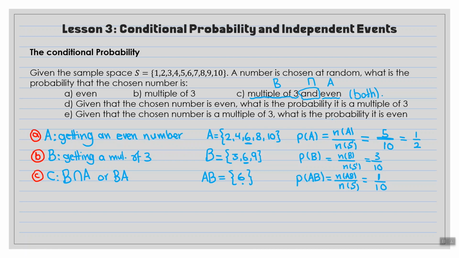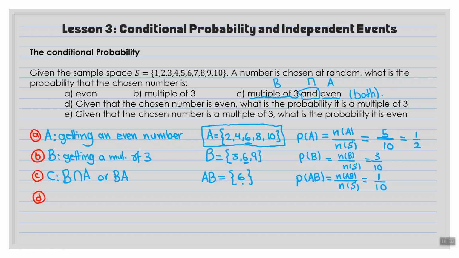Okay? Now part D is a little bit different. Now please pay attention to the following, because this is going to be the introduction to our lesson. Now, in part D, he says, given that the chosen number is even. So now we know that the chosen number is one of these numbers. It has been decided that the number that we have chosen is even.